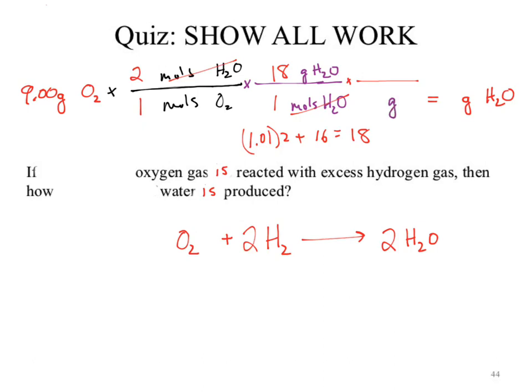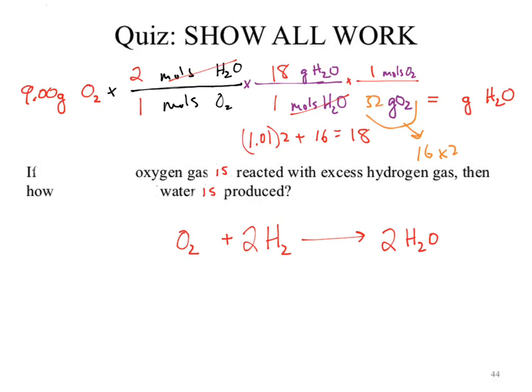We still have grams of oxygen, which needs to cancel, and I have moles of oxygen, which needs to cancel. Where do I find the relationship between grams and moles? Periodic table, so I just write 18 grams and 1 mole. No, because the substance is now O2. How do I get that number? 16 times 2, 32.